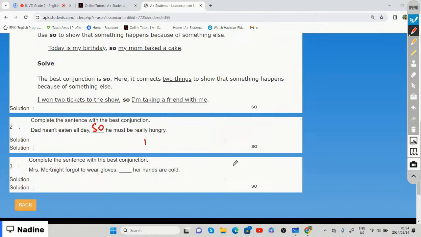Mrs. McKnight forgot to wear gloves. Do we use the conjunction and her hands are cold? So her hands are cold, but her hands are cold, or her hands are cold.